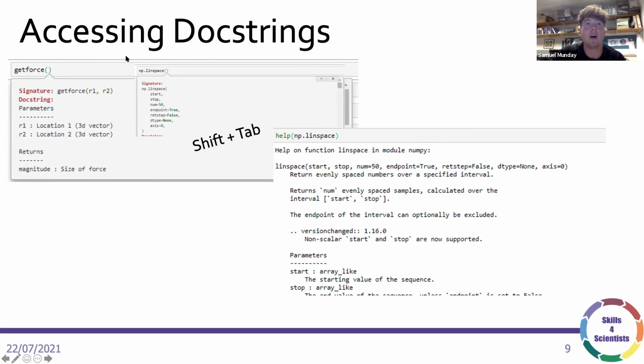So we then know what's going on in there, and we can use it properly. We can also write help and put whatever we want to use inside the brackets, and a load of information will come up about this. These are professional pieces of code that have been written, and this is something that we should try and emulate in our own code.